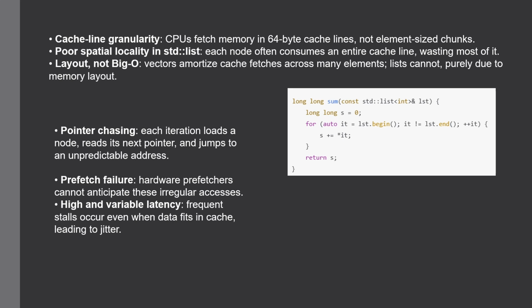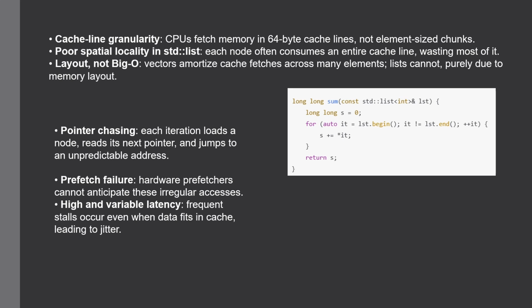If a list node occupies most or all of a cache line, then accessing a single element forces the CPU to load a full line that contains nothing useful beyond that one element. There is no spatial locality to exploit. In contrast, a std::vector packs many integers into a single cache line, allowing the cost of fetching memory to be amortized across multiple elements.